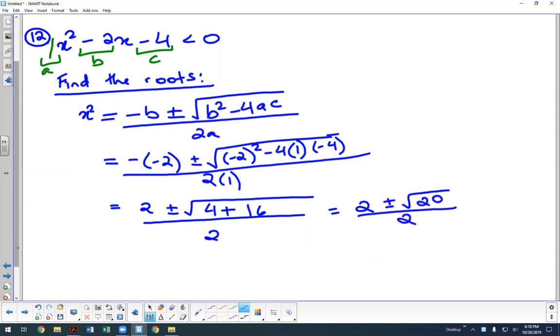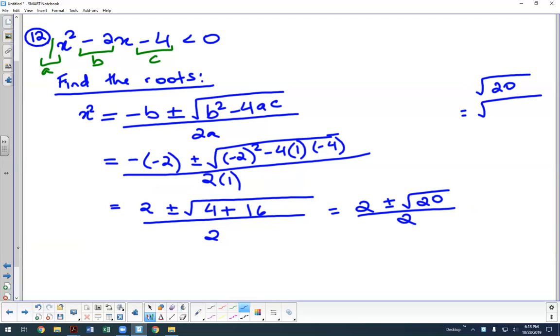And this is kind of what I was talking to you guys about, of how do we simplify square root of 20. Actually, let's do that part first. So square root of 20, how can I rewrite it where I can bring a radical outside of it or simplify it? 20 can be broken down into 2 times 10 and 4 times 5.